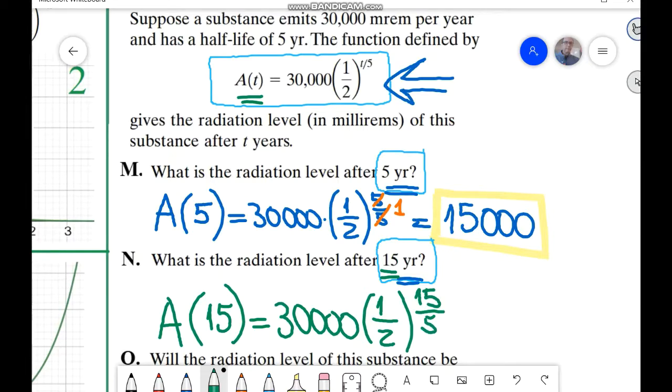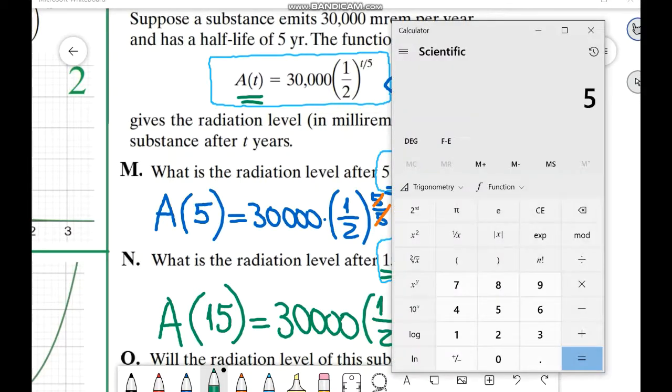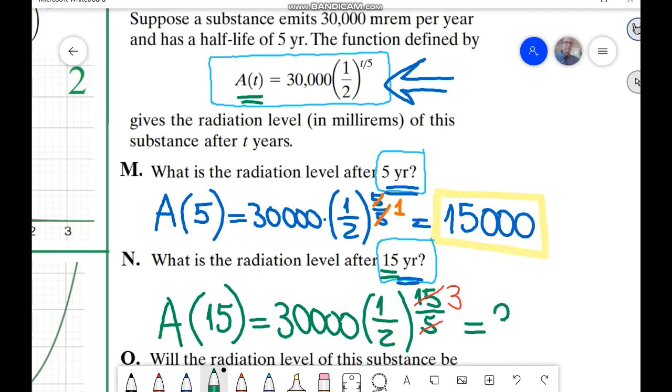And if we divide 15 by 5, we have 3. Get the calculator. 30,000 times 1 divided by 2 to the 3 equals 3,750.